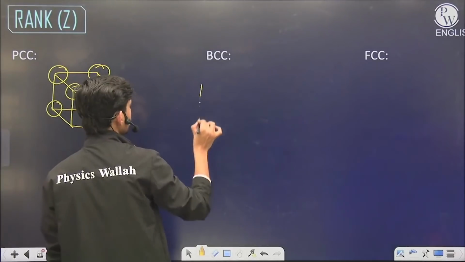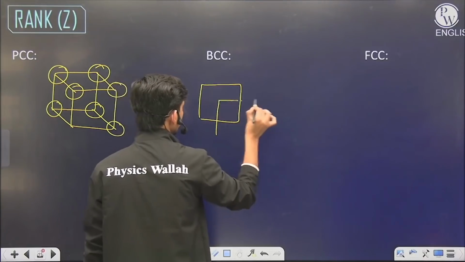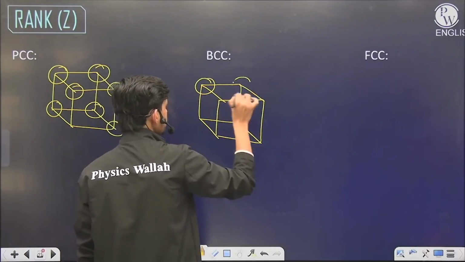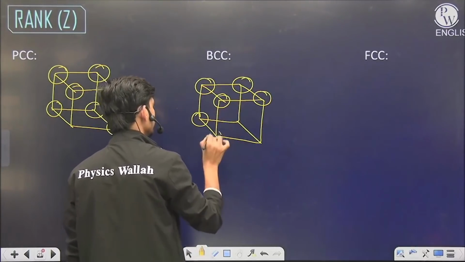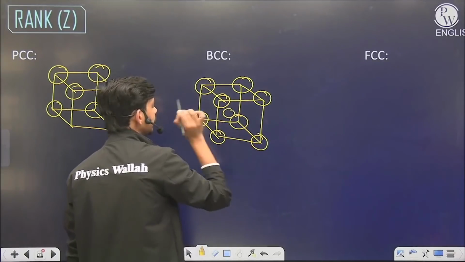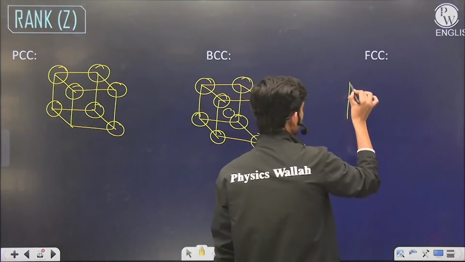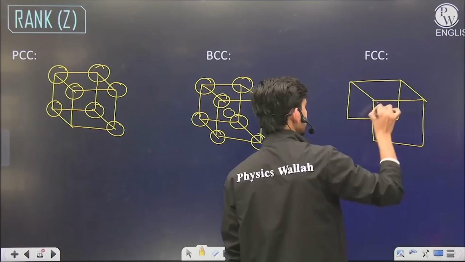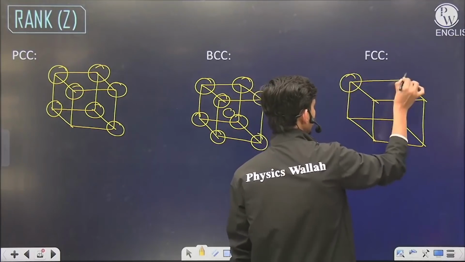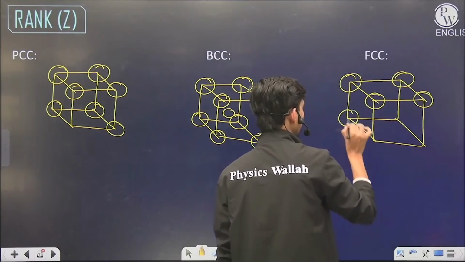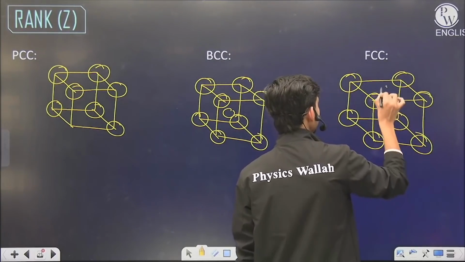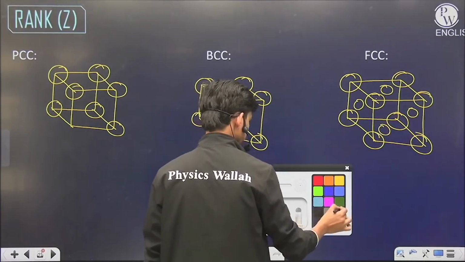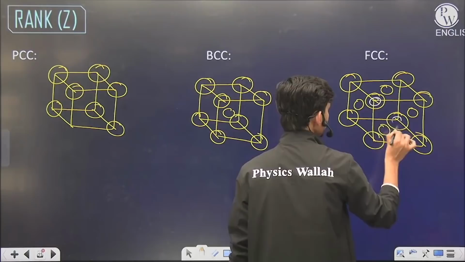For BCC, body centered cube, atoms are at the corners and an atom is present at the center of the body. For FCC, face centered cube, atoms are at the corners and the center of each face, one back center and one front center from white color.